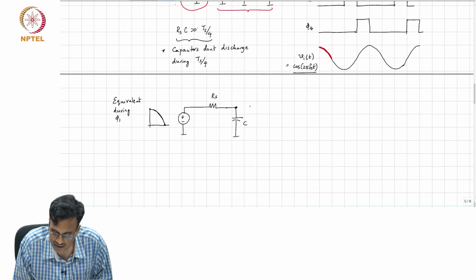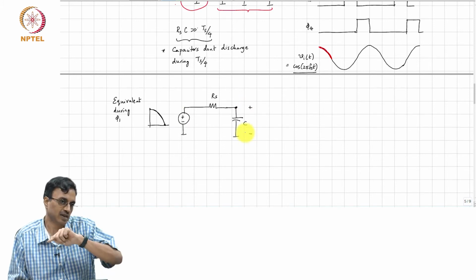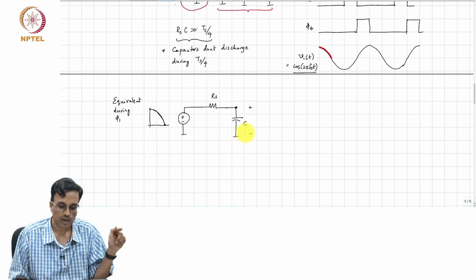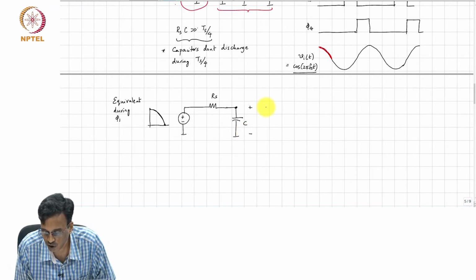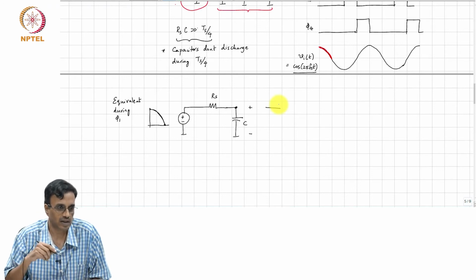The next thing is that the voltage across the capacitor is trying to get discharged through RS, correct. So, in steady state, what must happen? The voltage across the capacitor is not changing very much, correct. So, what do you think will happen in steady state?